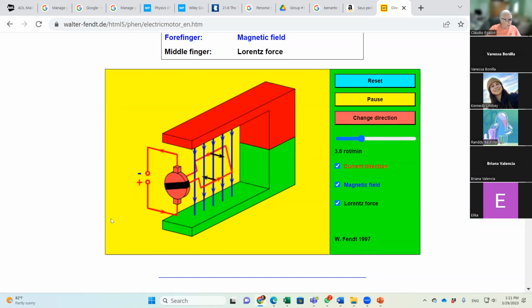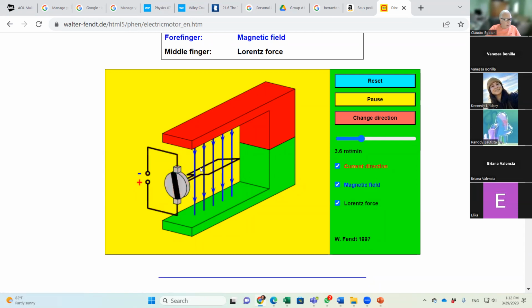The difference is in the direction of the current in this loop. Watch what happens with the direction of the current right in here. At the moment when the torque is equal to 0, what happens to the direction of the current? Okay, the current inverts.